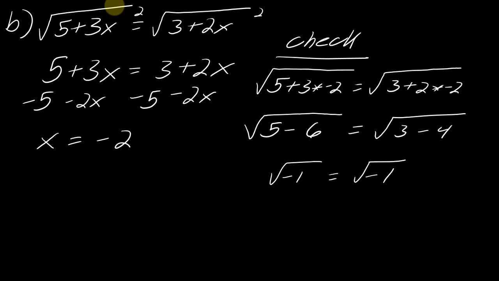Okay, so as far as whether this actually works as a solution, this is a little bit dependent on whether or not you have imaginary numbers in your course. So if you're a student in my class, in just the standard class that we teach at my school, at this point in time, we don't have imaginary numbers. So if you don't know what imaginary numbers are, then you probably don't have them yet in your class. So if this happens, you would actually have to say that this doesn't work because it makes your square root negative.